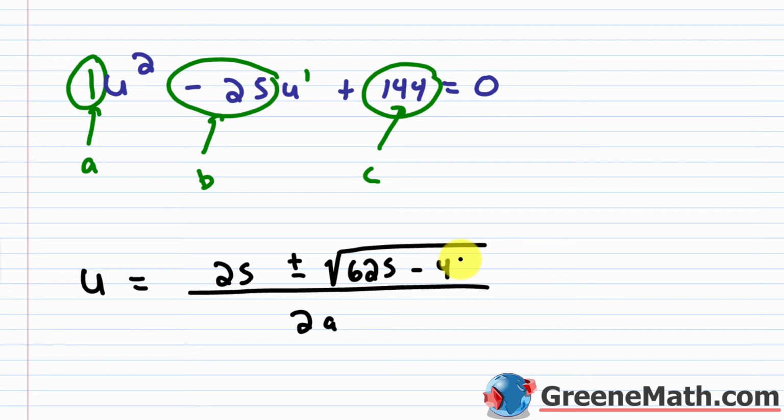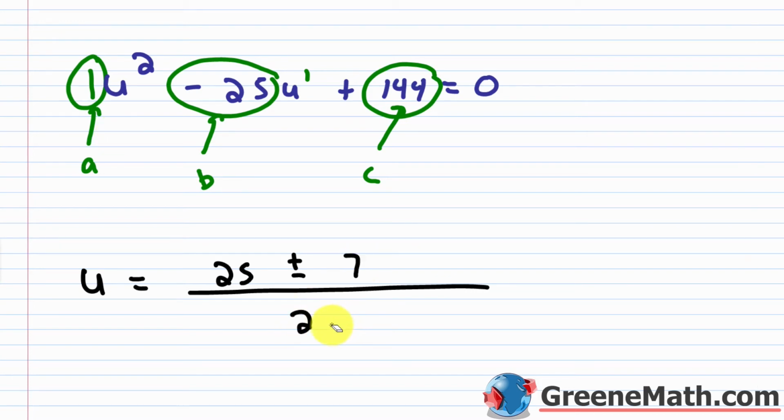So what is 4 times 144? Well, that's 576. What is 625 minus 576? Well, that's going to give us 49. And of course, if we took the square root of 49, we would get 7. Now, we have 2 times a in the denominator.